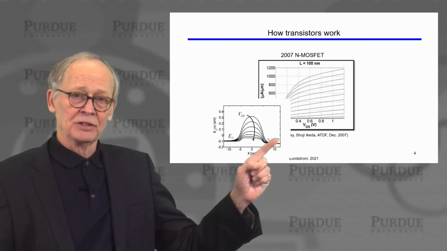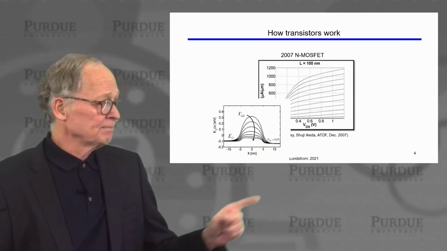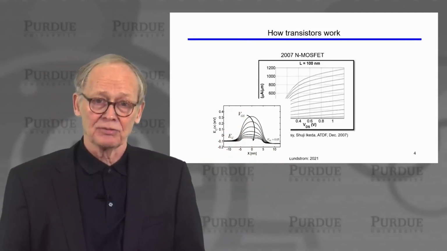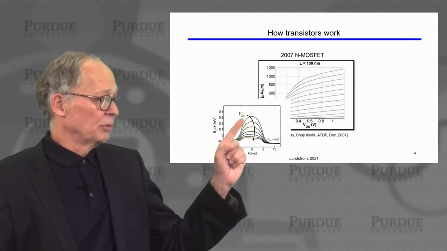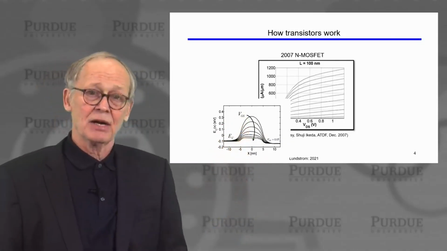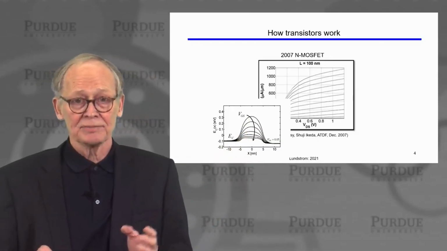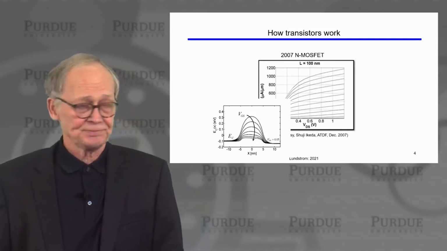The conduction band in the drain is a little bit lower because a small voltage has been applied to the drain. There's an energy barrier in the channel that controls the flow of electrons from the source to the drain. The positive voltage from the gate pushes the energy down in the channel and allows current to flow. This is the linear regime. The MOSFET behaves as a voltage-controlled resistor.